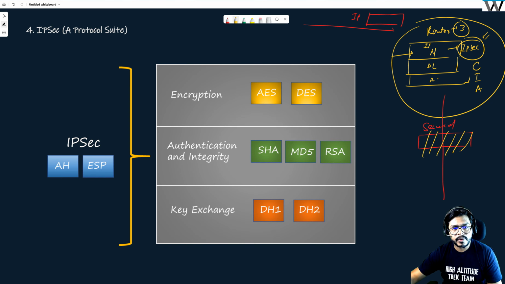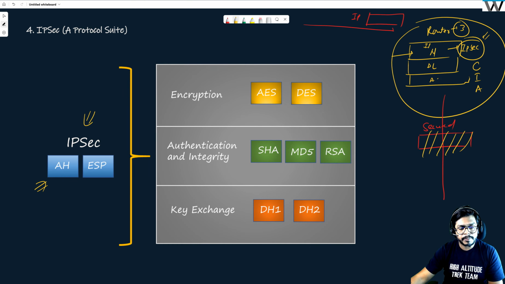So the IPsec protocol is not just one protocol, it is a suite of protocols. If I talk about IPsec, it has two different things. I'm not a big fan of terminology, but I have to include it. If you don't understand it, we are going to cover everything tomorrow.